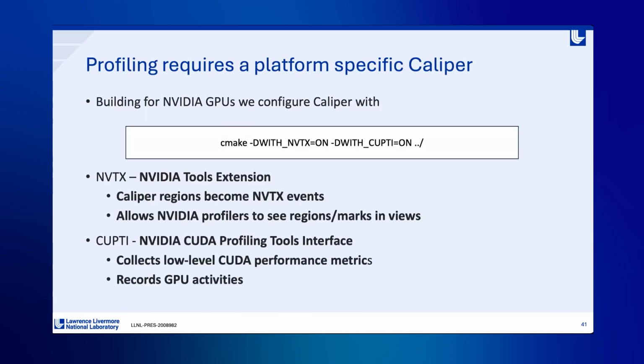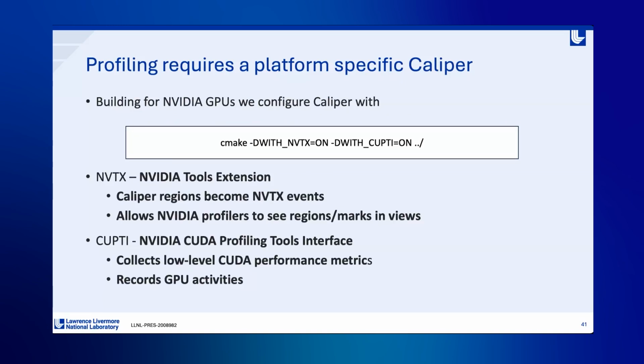Just a little background in case you're interested in configuring this at home. The way I configured Caliper here was I configured it for NVIDIA GPUs. I turned on NVTX, which is NVIDIA tools extension. So this means that Caliper regions become NVTX events. This is useful for when you fire up the NVIDIA profiler, you'll be able to see the name you gave the Raja kernel on the profiler.